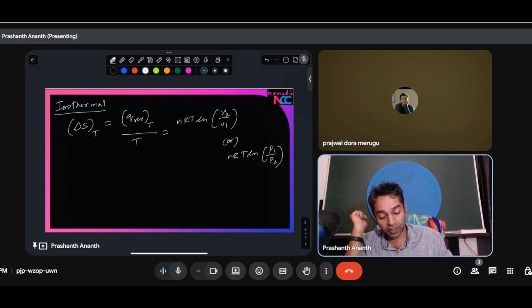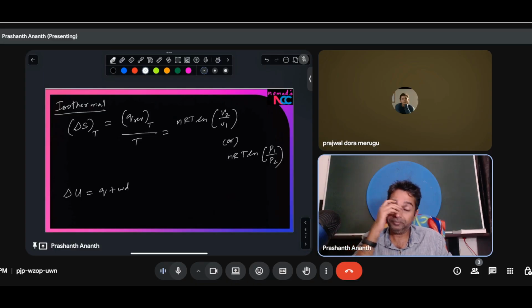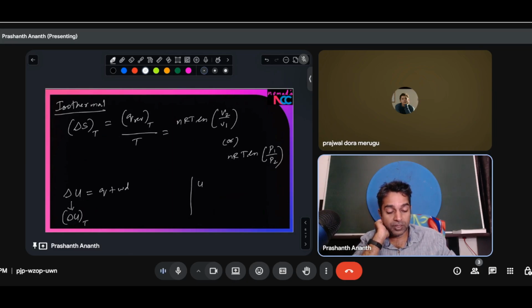How do you get this? Because from the first law, delta U should be equal to Q plus work done. Correct? Yes, sir. So delta U for isothermal is how much? U is a function of the amount of substance, temperature and state of substance.